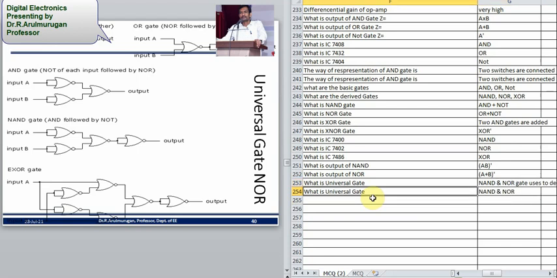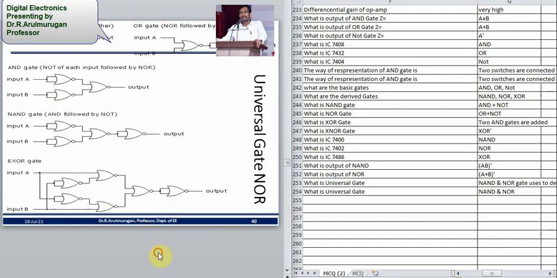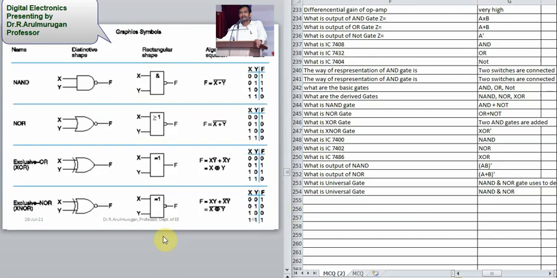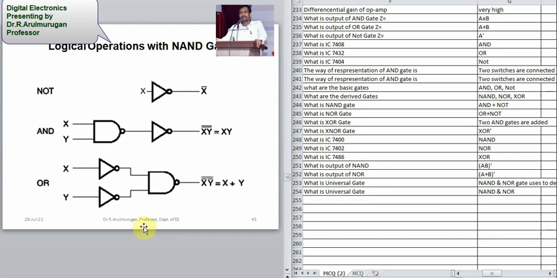Not a combination of both, but individually. Similarly here, they are used to develop the gates. So far we have discussed the gates.